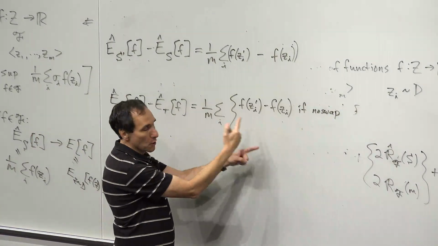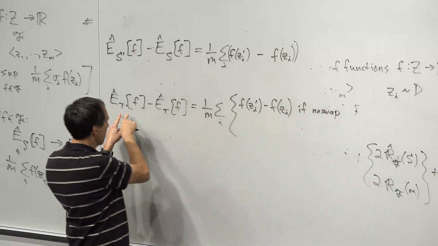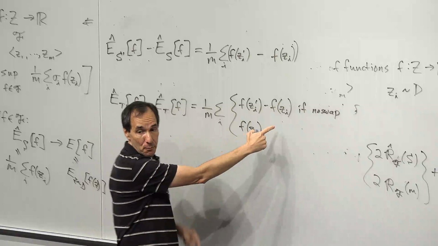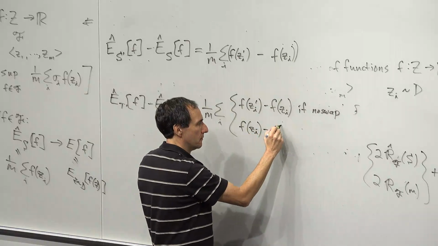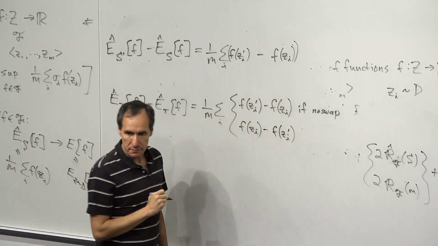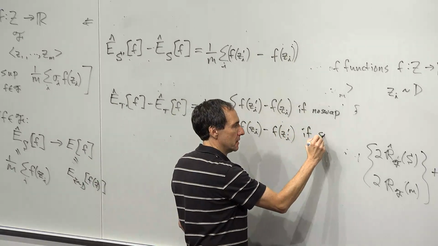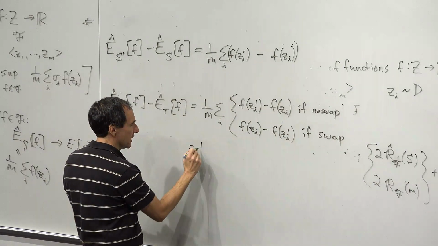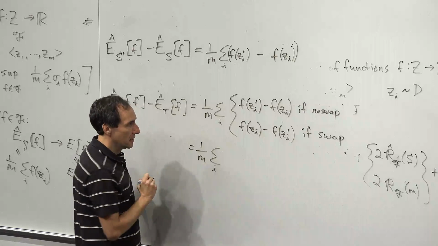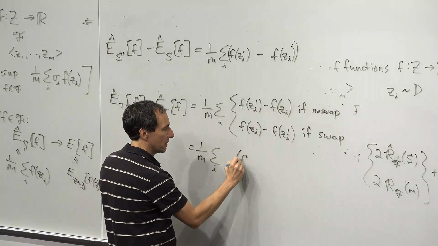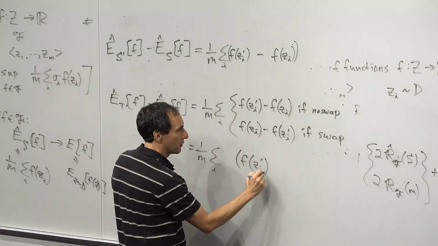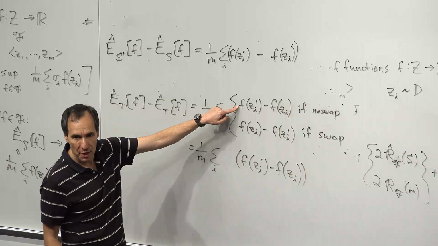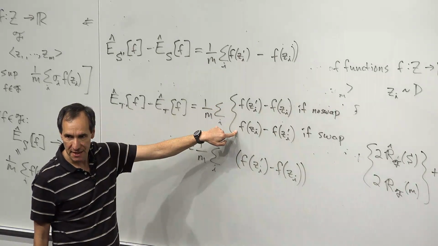Otherwise, if they were swapped, then Zi will go into T prime, and Zi prime will go into T. So we'll get the opposite if these were swapped. Right? So we can write this more succinctly as F of Zi prime minus F of Zi, and then multiply either by +1 for this case or -1 for this case.